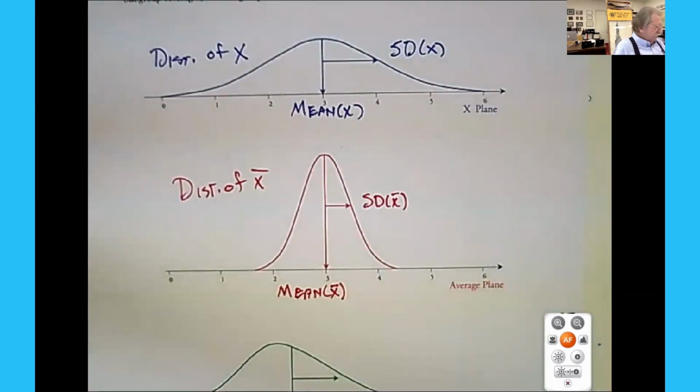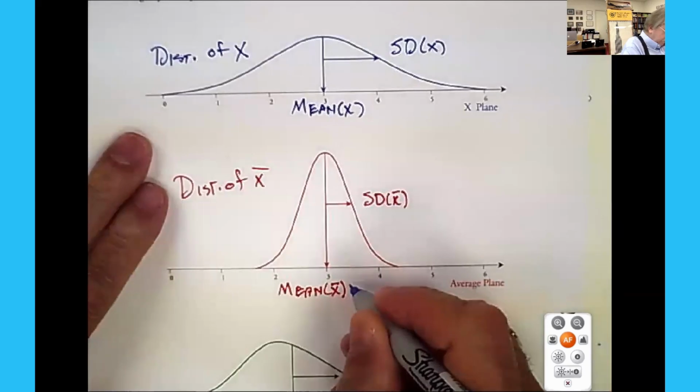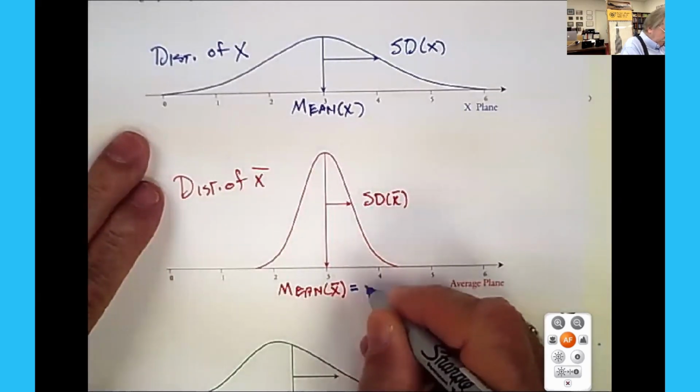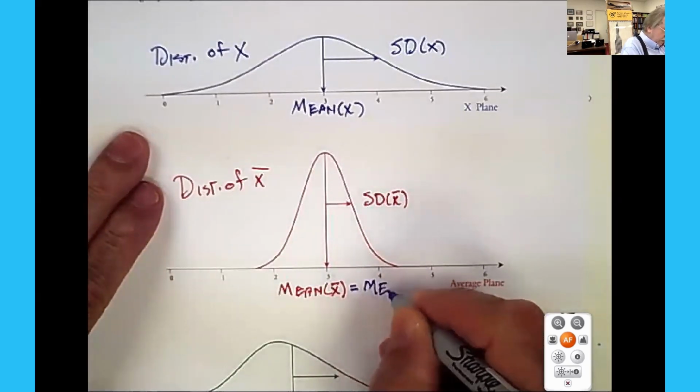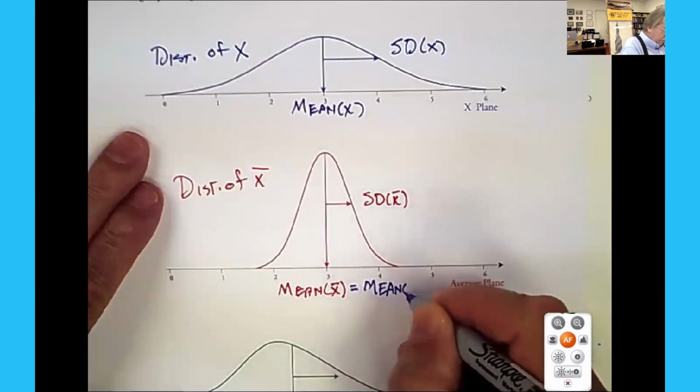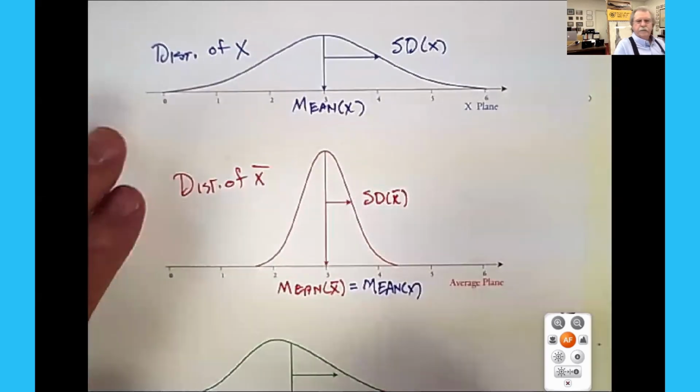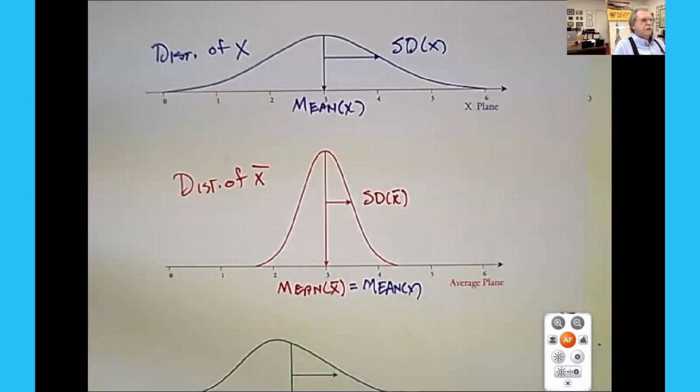Two more parameters we're going to have to estimate. Now it turns out the mean of the distribution for x bar is equal to the mean for the distribution of x. They're twins. Always equal.